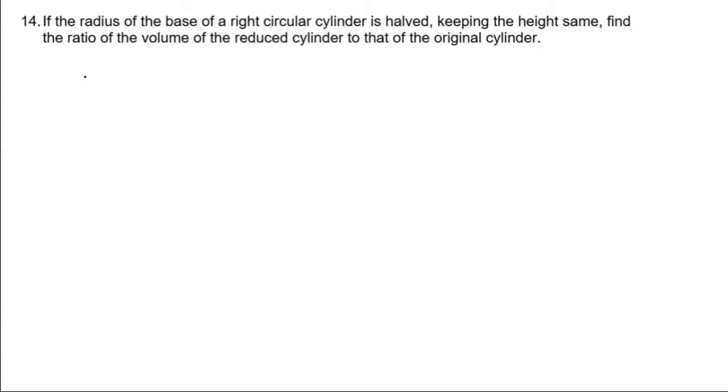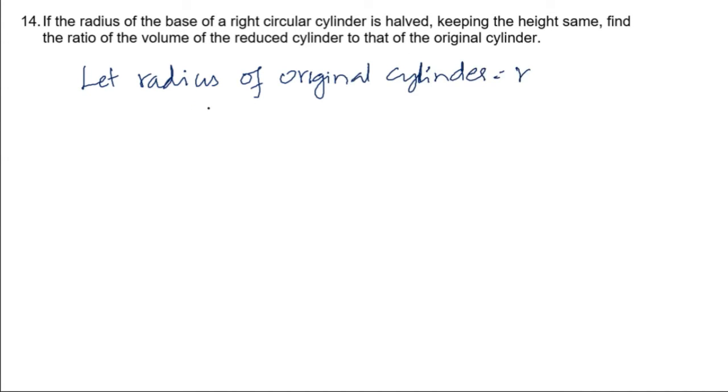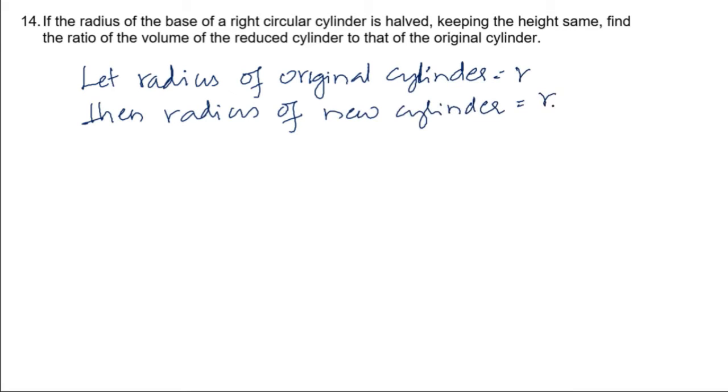Let the radius of the original cylinder be r. Then the radius of the new cylinder will become r by 2, because the base of the right circular cylinder is halved, so it is r by 2.